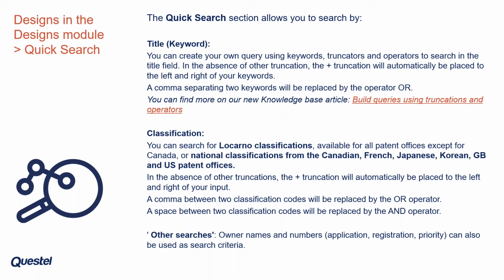A comma between two classification codes will be replaced by the OR operator. A space between two classification codes will be replaced by the AND operator. Of course, owner names and numbers, application, registration, priority can also be used as search criteria.